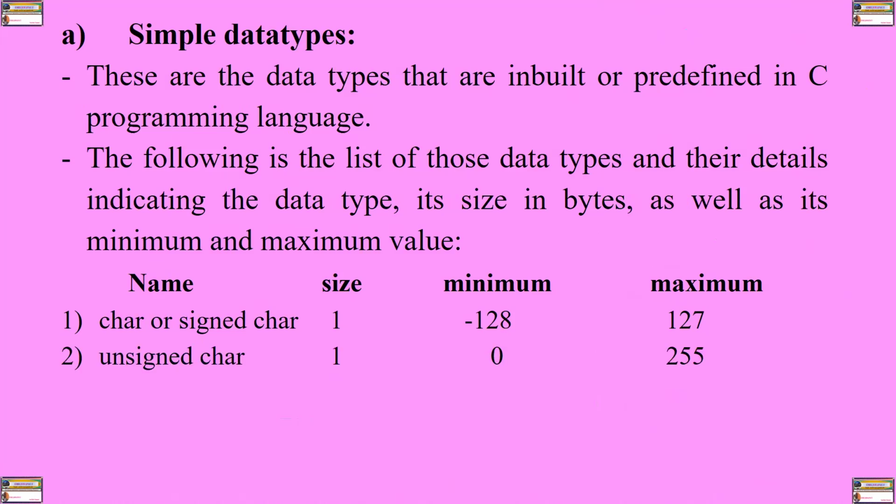The second data type is unsigned char. Its maximum size is one byte, that is one character. It can accommodate a minimum of 0 and a maximum of 255.